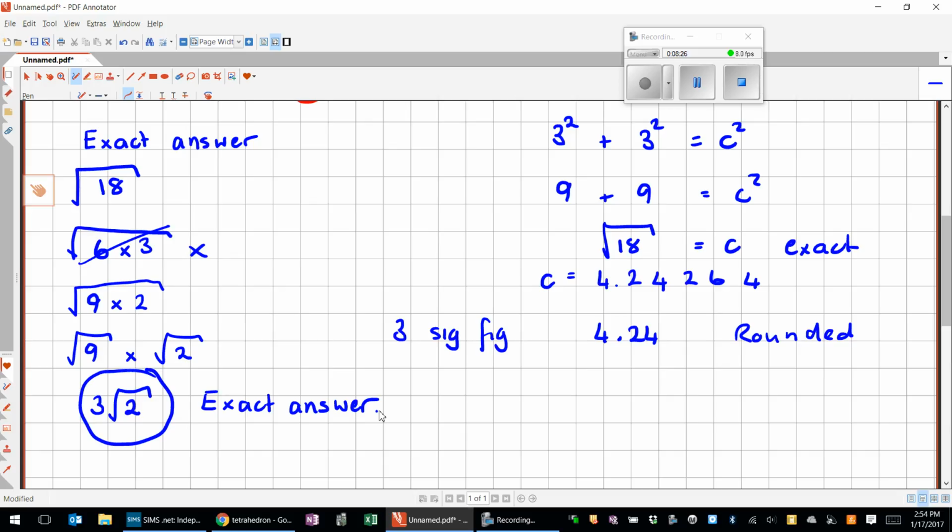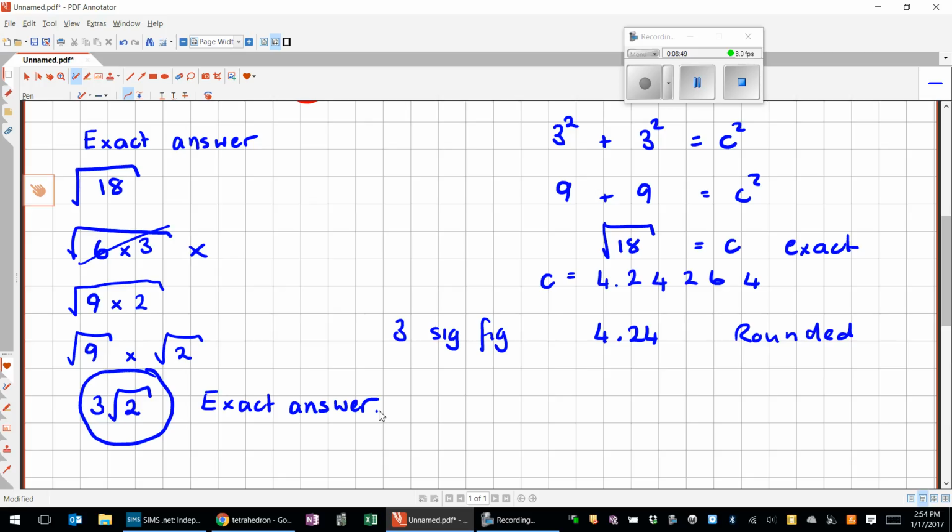If, however, it's part of a longer question where you have to use it for the next bit, you'll probably get away with just leaving it as the square root of 18 for part A, for instance. Okay, does that make sense? I can't say to you it will always be that. You have to have the knowledge and be able to apply it in whichever way.